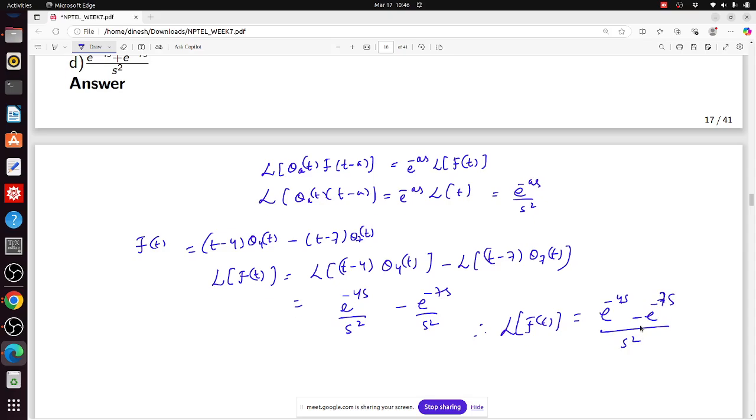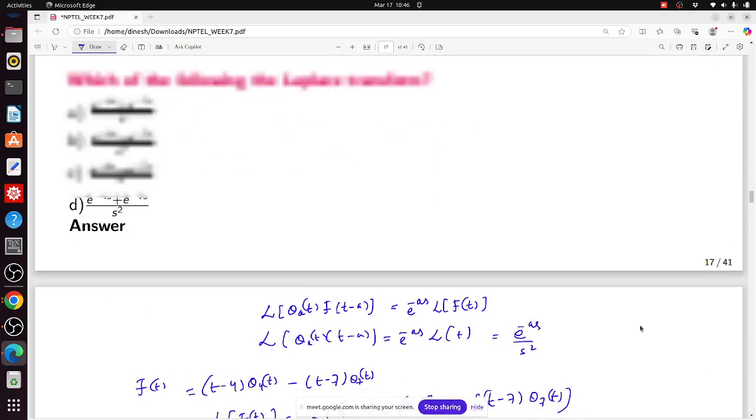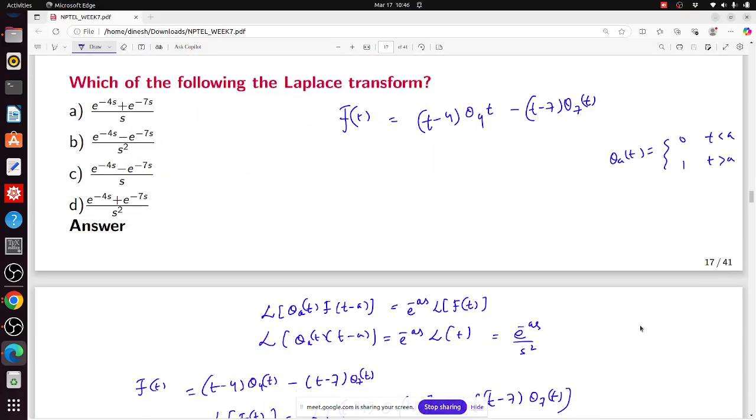You can check which option is correct. So I think option C, no, option B is correct. Option B is correct.